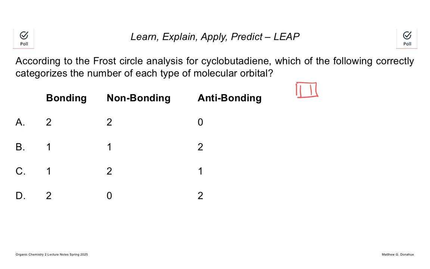So there's the cyclobutadiene, and I'm going to tilt it. So we're showing 4 p orbitals. So we have to show 4 molecular orbitals. And now when we slice this one, you'll see that along that line are going to be the non-bonding orbitals.